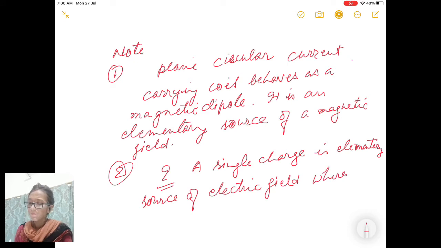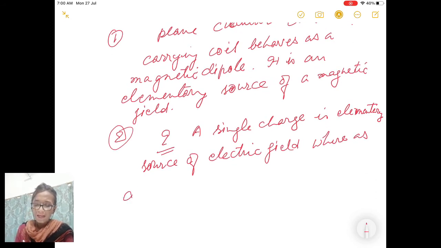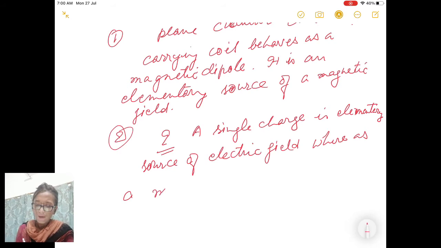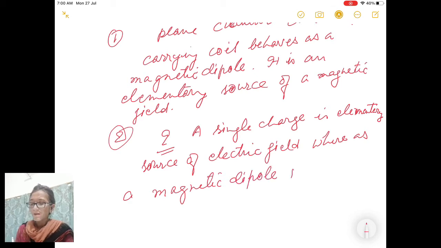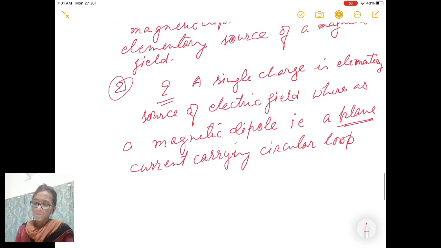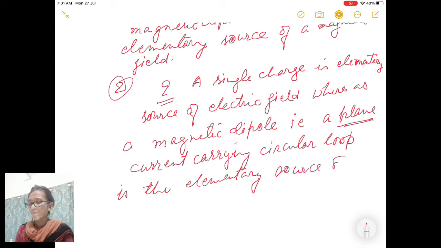Whereas a magnetic dipole, that is a plane current carrying circular loop, is the elementary source of magnetic field. This is very important.